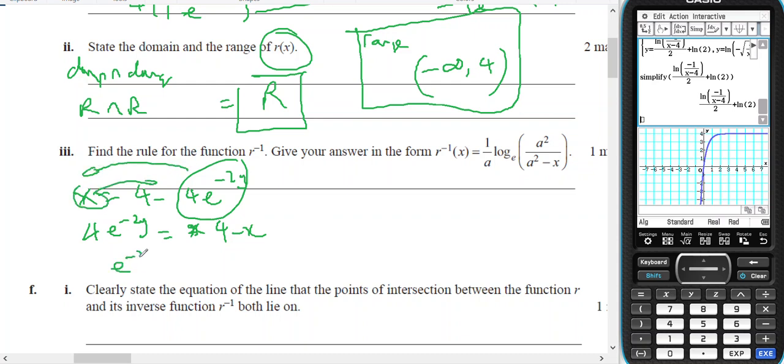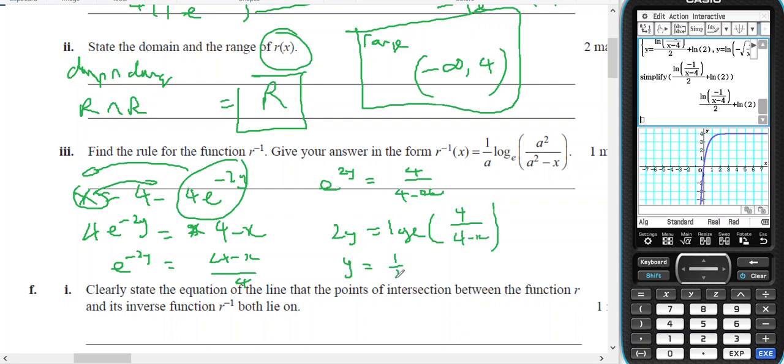So e^(-2y) equals (4 minus x) on top of 4. e^(2y) equals 4 on top of (4 minus x). 2y equals log base e of 4 on (4 minus x), and y equals a half log base e of a squared on (a squared minus x), which is exactly the form I'm looking for, where a squared is 4, and a is a half.